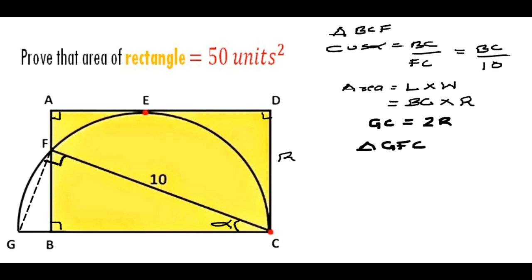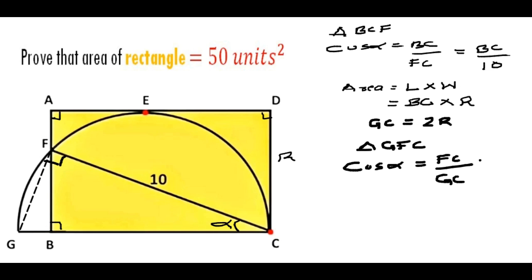Now, given triangle GFC, if you now use cos alpha, what will we get to be cos alpha? Cos alpha will be adjacent side, which is FC, over the hypotenuse side, which is GC. So you see, from G to C is the longest side, because 90 degrees is here, meaning the side FG is the opposite of that given triangle.